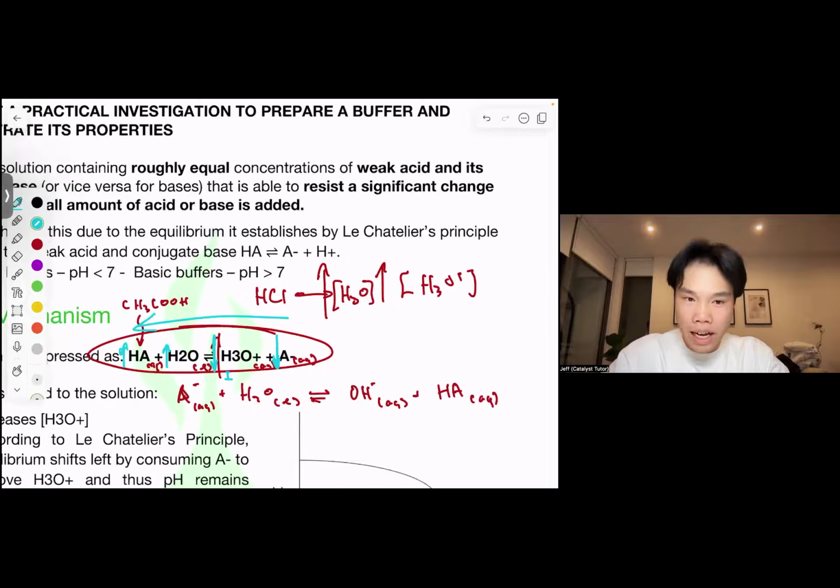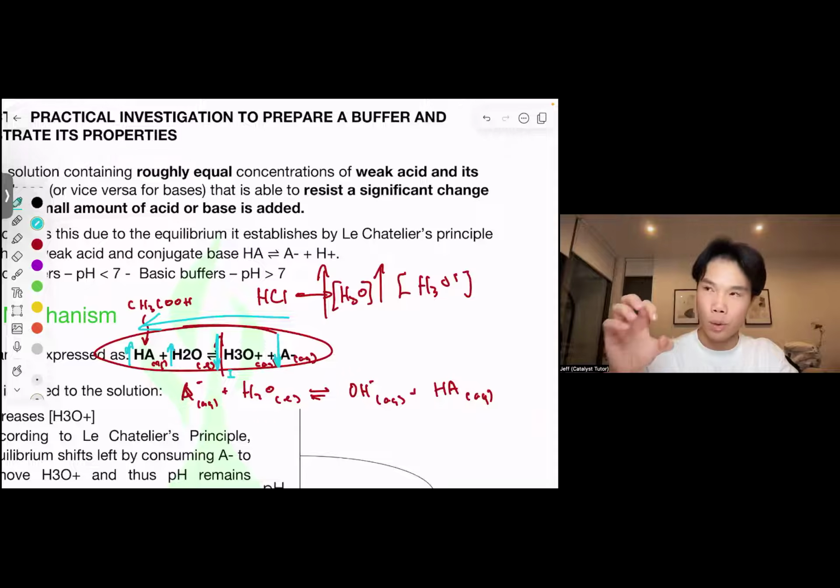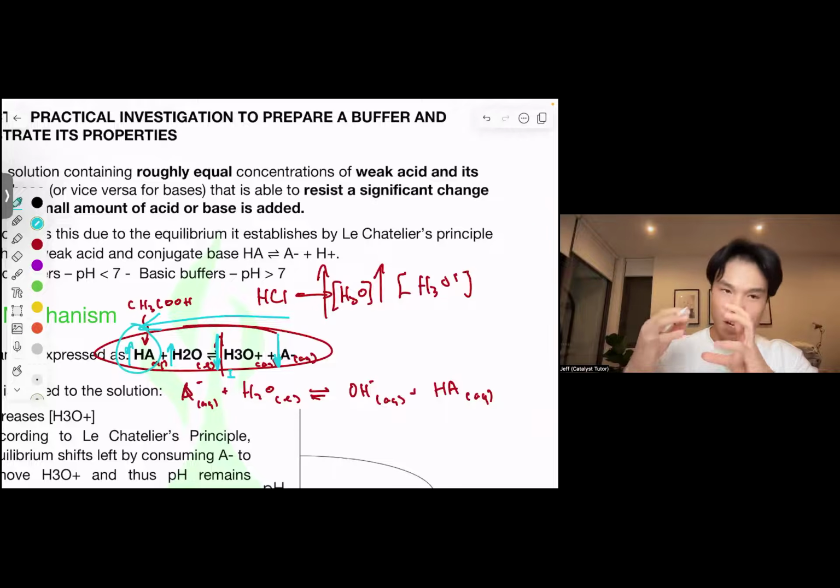You'll have a slight decrease in pH, but the change in H3O plus has been mitigated and resisted, and will not be observed in pH because it's been turned into HA and H2O, which both don't contribute to pH. HA, even though it is an acid molecule, is not dissociated, so it's not contributing to pH. H2O is basically neutral, so it's not going to contribute to pH either.